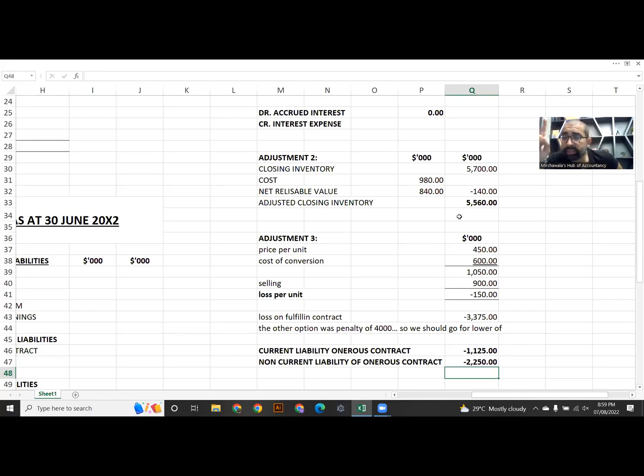And in the income statement, the complete 3,375 will be added in admin expenses. Did you understand, all of you? Please tell me.